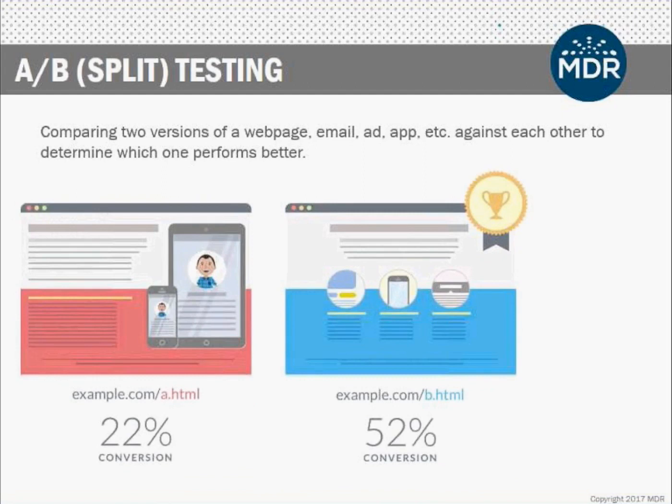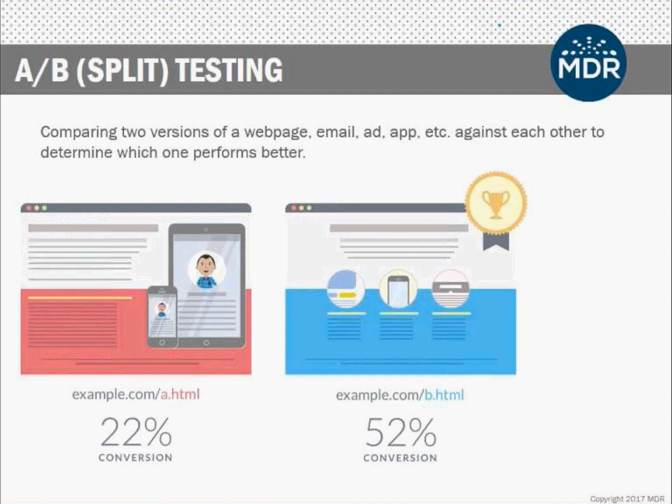So here's a basic example that I'm sure most of you have seen: version A had a 22% conversion rate, and version B had a 52% conversion rate. Now, it's clear that A lost and B won in this example, but you can't clearly identify why A lost and B won.